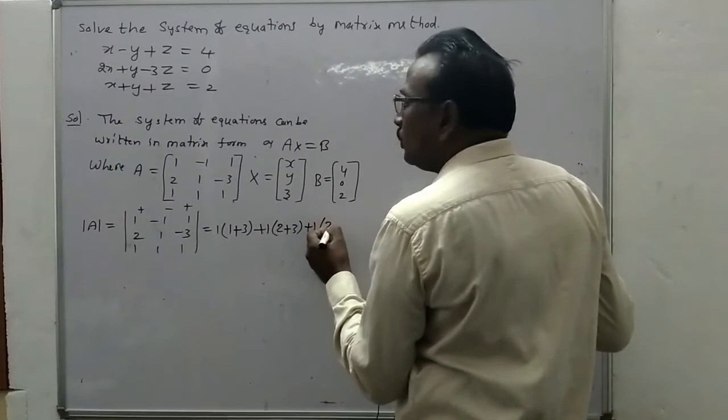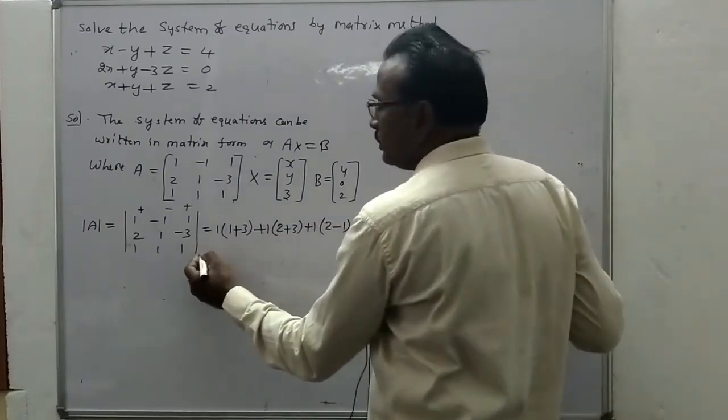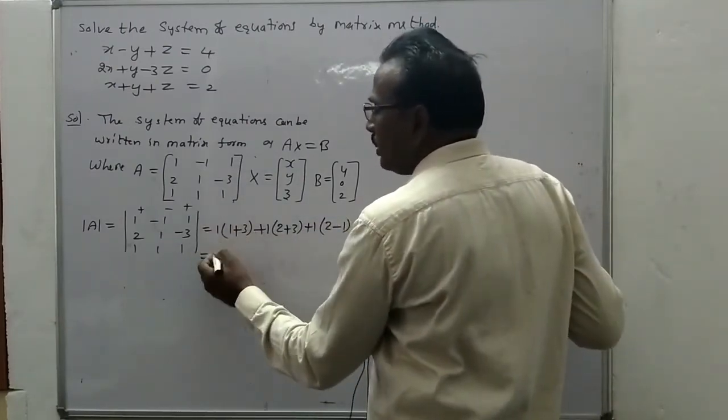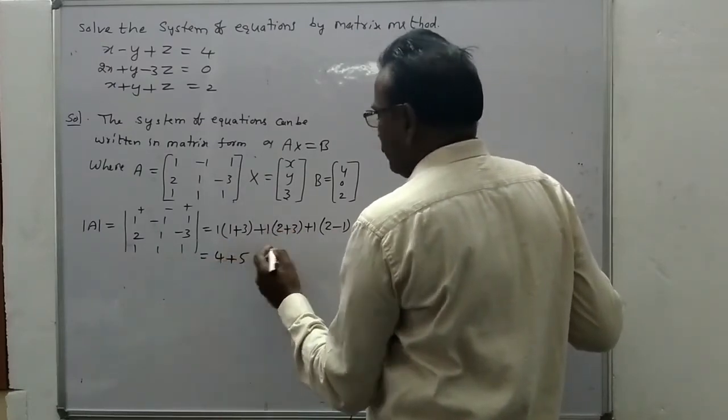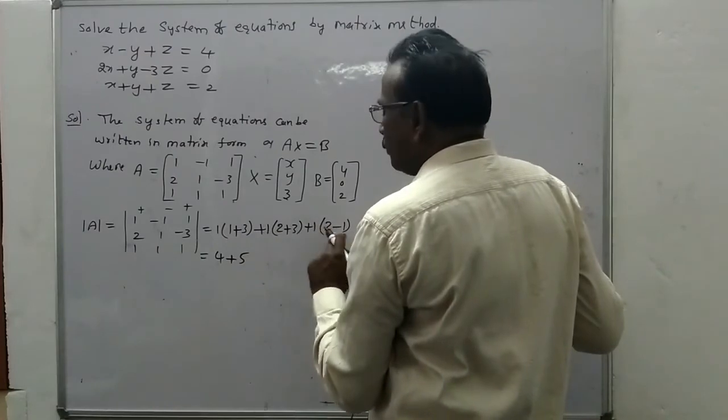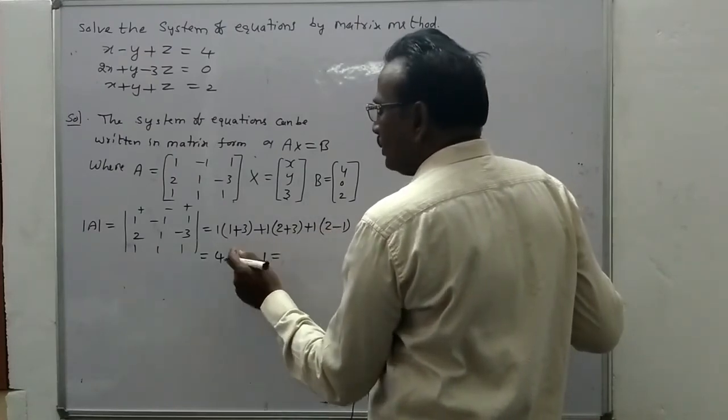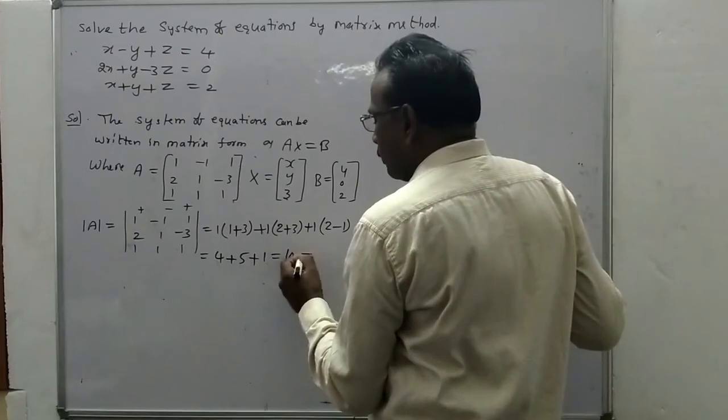Next, plus 1 into delete the first row, third column: 2 ones are 2, minus 1. So that is 1 plus 3, 4, 4 ones are 4, 2 plus 3, 5, 5 into 1 is 5, 2 minus 1 is 1, plus 1 into plus 1 is plus 1. The value is 5 plus 5, 10, which is not equal to 0.